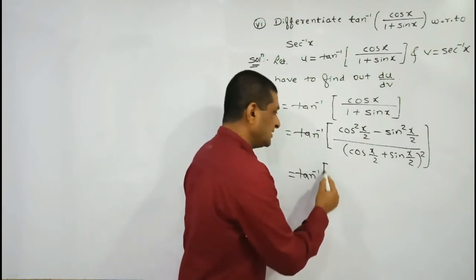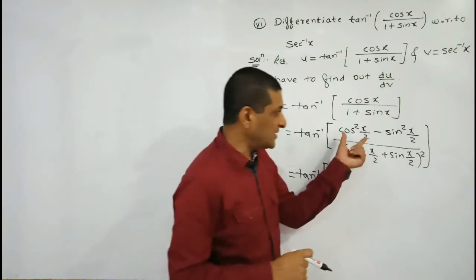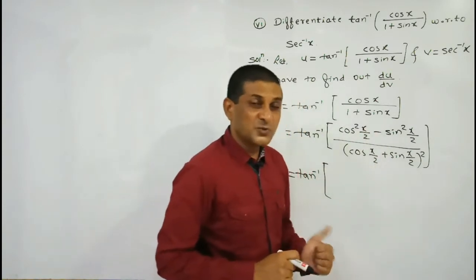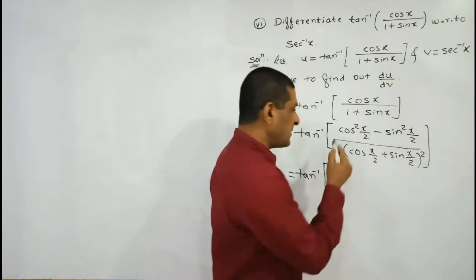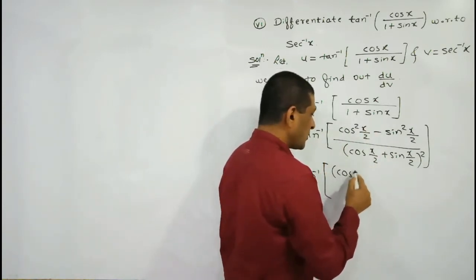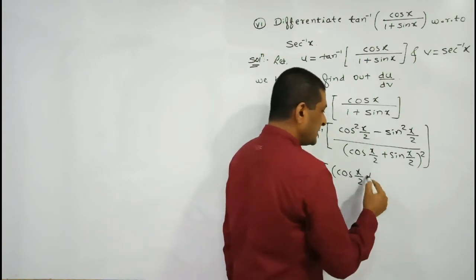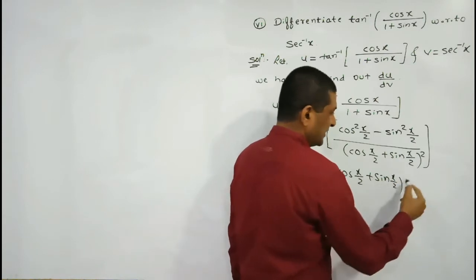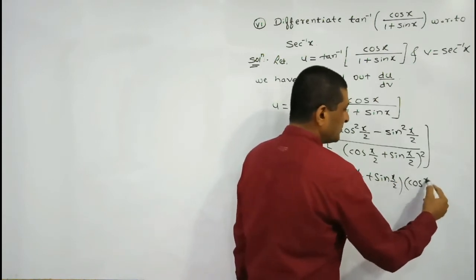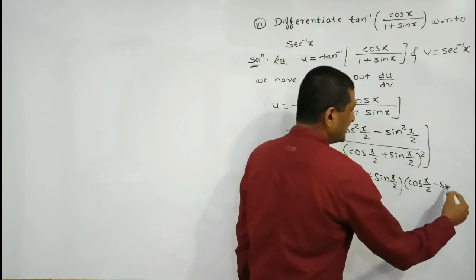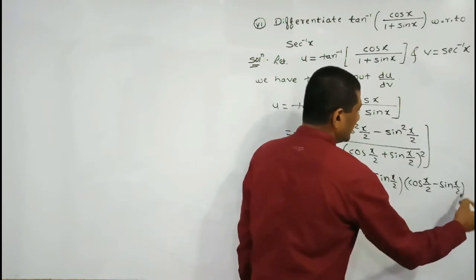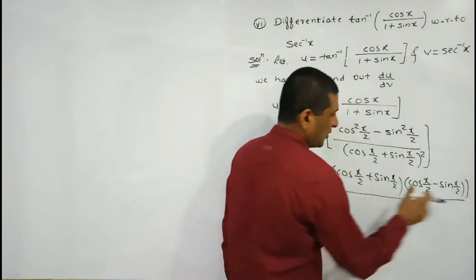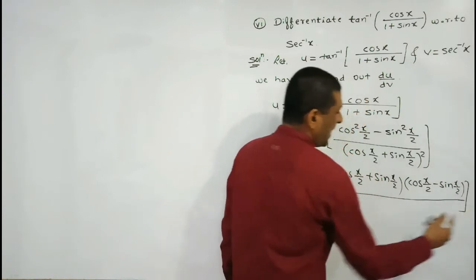So all these result we have got applying half angle formula, so which is equal to tan inverse, keep it as it is. In the numerator terms are in the form of a square minus b square, whose factors are a plus b into a minus b, means here we will get cos x by 2 plus sin x by 2 means a plus b into a minus b. A minus b means cos x by 2 minus sin x by 2. Just simply we have applied half angle formula and we have applied which identity?